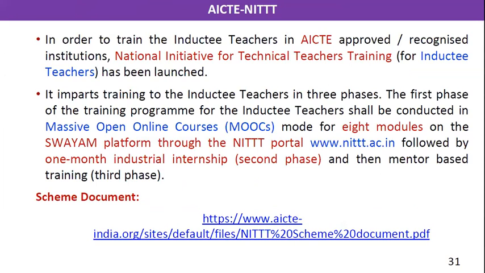Inductee is nothing but a teacher with zero experience. With zero experience, immediately after your post graduation, you entered into teaching, then you will call it as inductee teachers. Even with 1 month experience, you will call it as aspirant. So now here they have made two categories for inductee as well as aspirant.